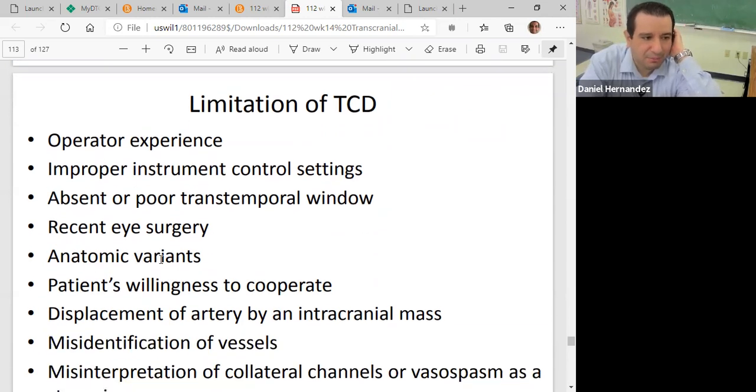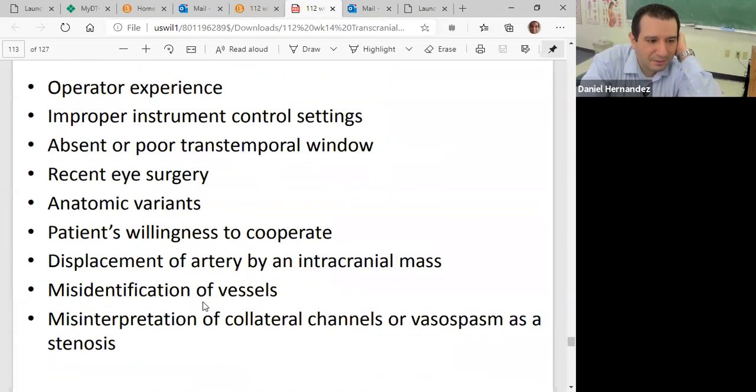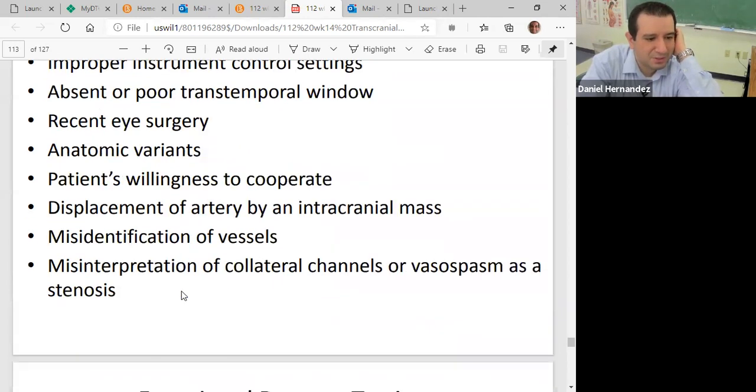The patient may have anatomical variants, or may be unwilling to cooperate. There may be displacement of the arteries by intracranial masses or lesions. With TCD in particular, we may misidentify a vessel, and there may be misinterpretation of collateral channels or vasospasm as a stenosis.